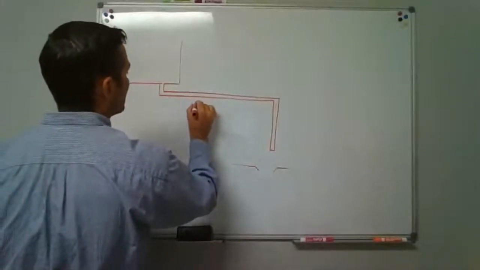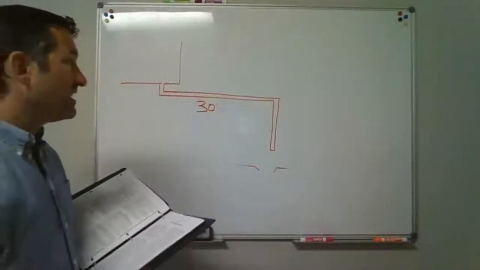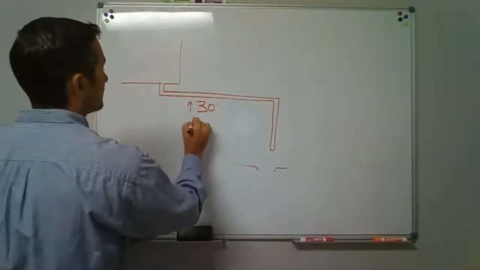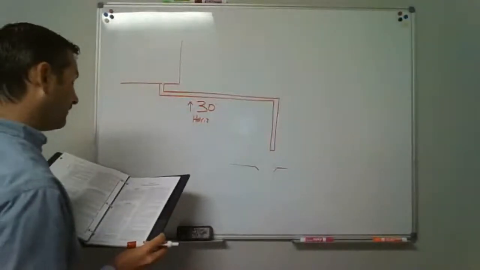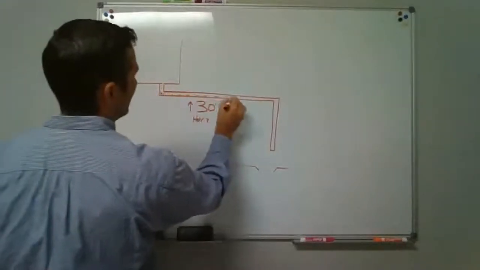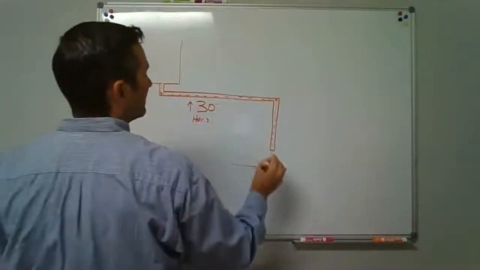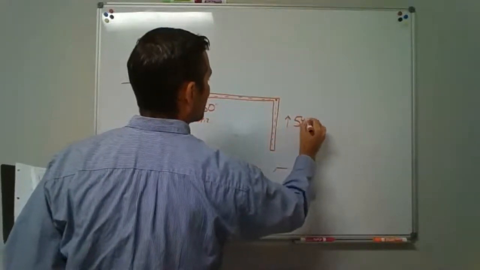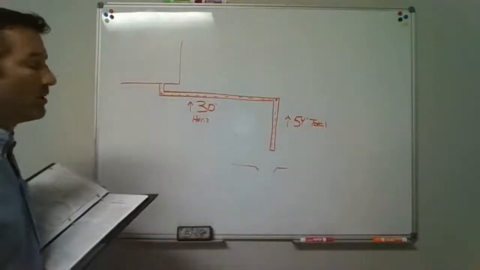So if this is 30 inches, okay, and it says exceeds 30 inches, so it would have to be greater than 30 inches horizontally. But it also gives you, what does it say, 54 inches total. So if you measure along the center line, come down to here, and then center line over to here, and then center line on down, okay? If the whole thing, total, greater than 54 inches total developed length, then you have to put a trap on this, okay?